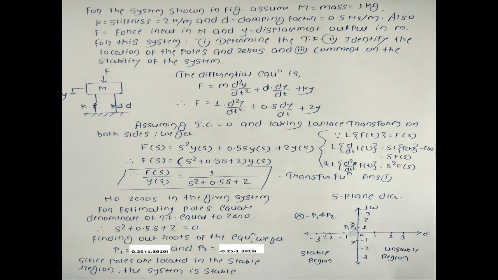You can find the transfer function by taking the Laplace transform and considering the initial conditions to be 0. Then you need to find the poles and the zeros, and their location. If you plot it on the S-plane diagram, you will get an idea whether your system is stable or unstable.